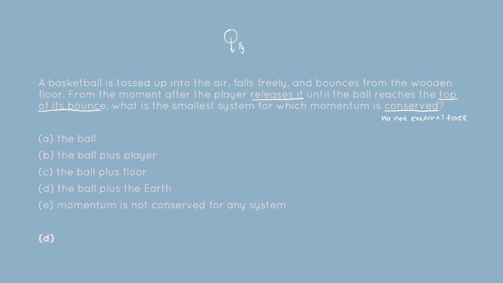So if we consider Newton's third law, if the earth exerts a force on the basketball, the basketball also exerts an equal and opposite force on the earth. Yes, so these two forces are Newton's third law action-reaction pairs.